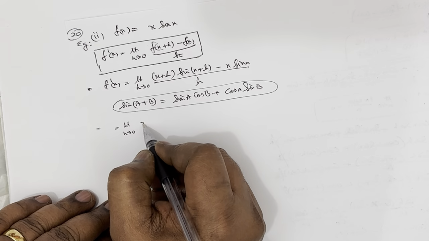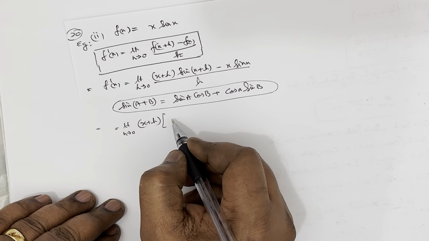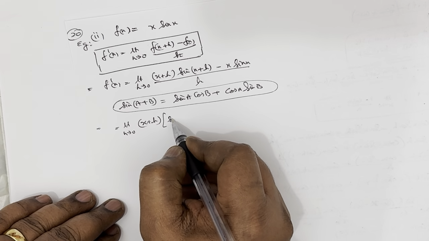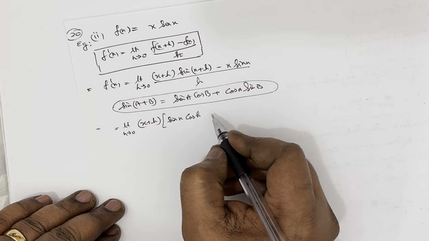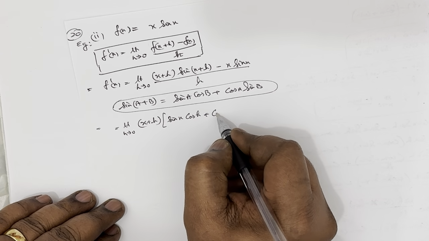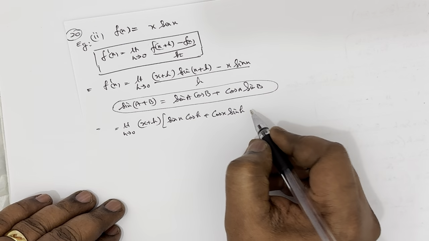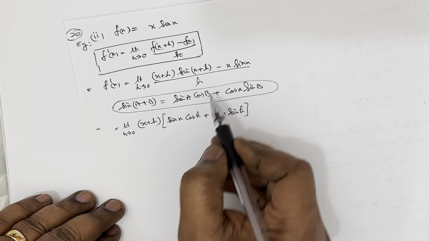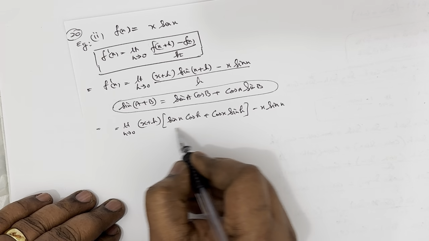Now this as it is, x plus h, this is multiplied with this, so we have sine x cos h plus cos x sine h, minus x sine x upon h.